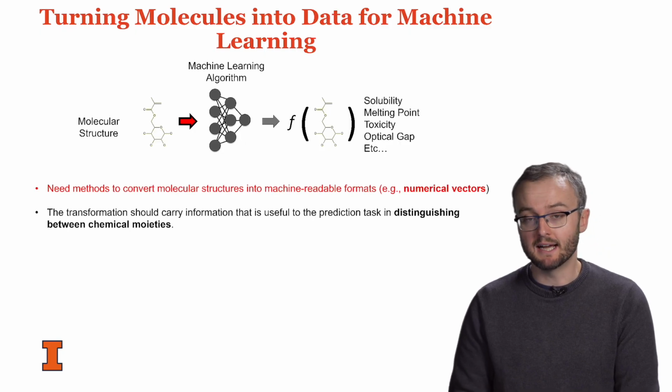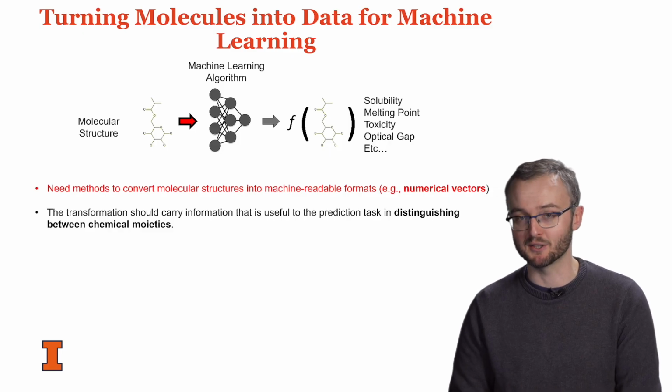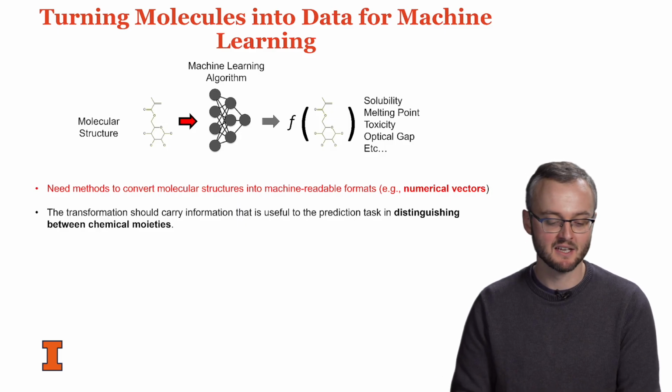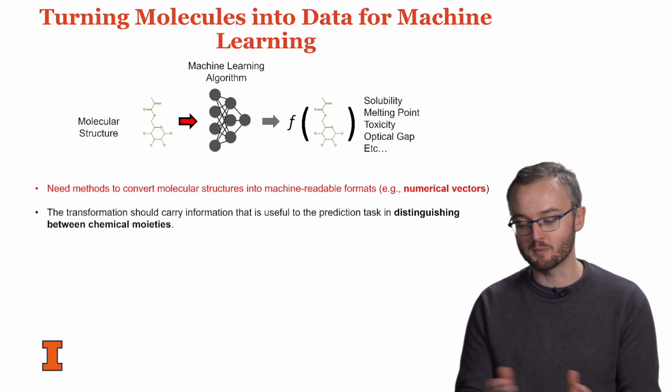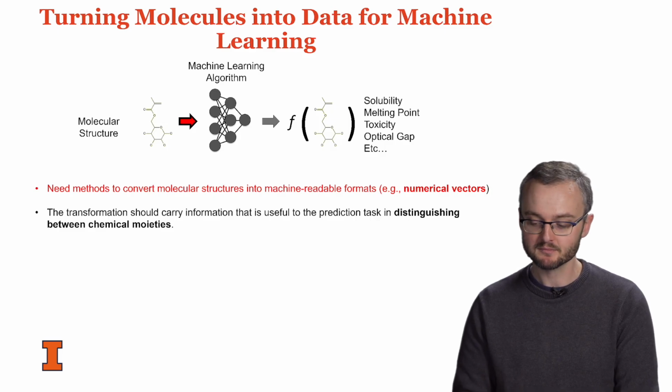Now, one challenge with this is that your machine learning algorithm needs basically a numerical format to act on, right? Computers, naively speaking, use numerical vectors to do their mathematics. And so what you need to be able to do is convert your molecular structure into a numerical vector, into a list of numbers that an algorithm can operate on.